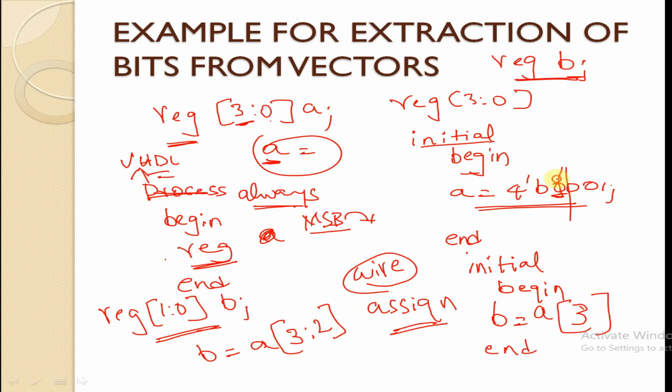That is, the MSB and the consecutive bit will be stored in B. So B value will be 0, 0. So this is extraction of bits from vectors.